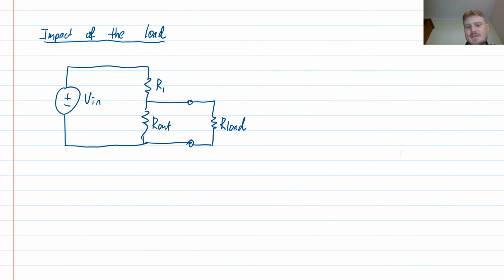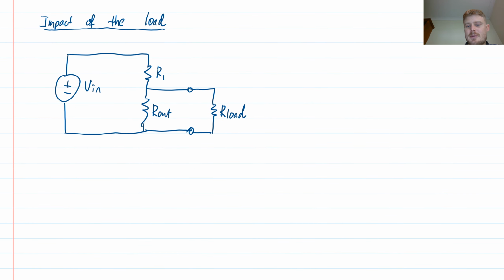Now, what's the implication of this? Well, this output voltage, I should draw that back on. V out is the voltage across this combination of R out and R load.